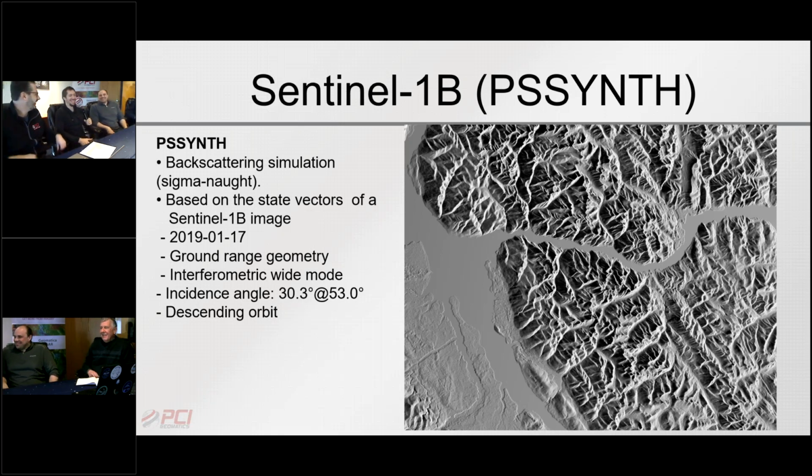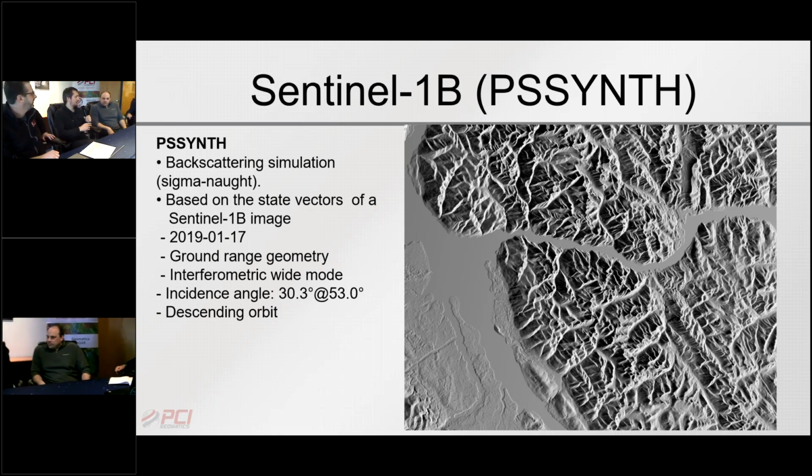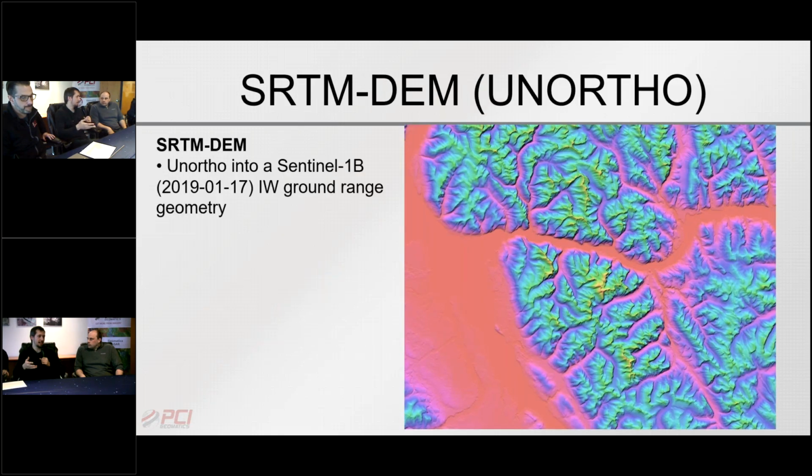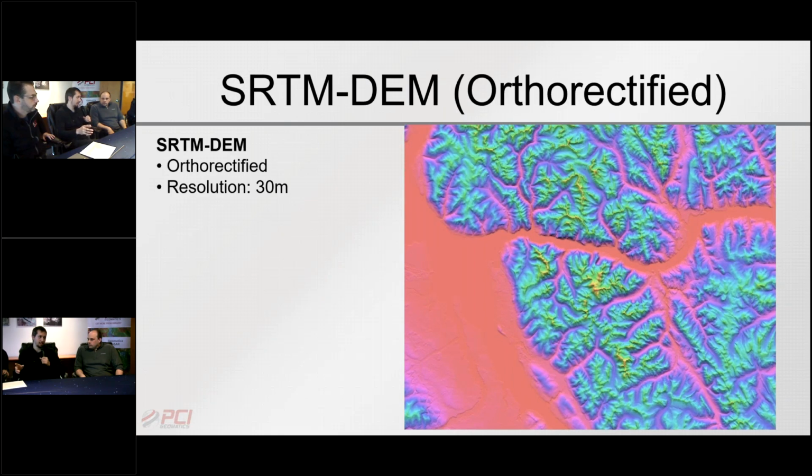Certainly. Basically, using an external DEM, and the state vectors and other information of the scene that you want to synthesize, you can synthesize what the backscatter would be according to the elevation model provided. That's the PS synth tagged image there.